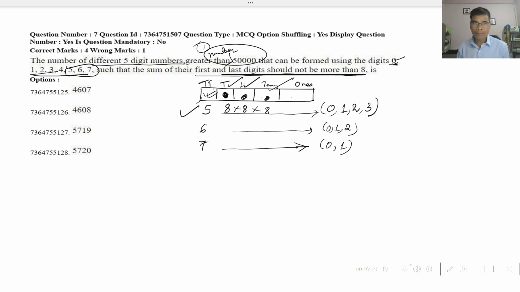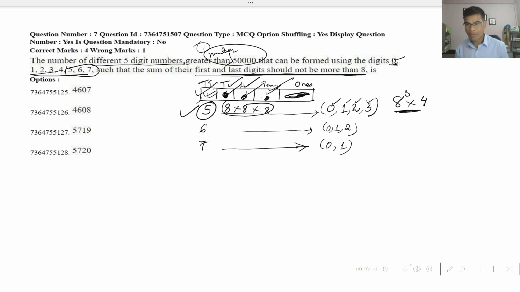So the number of 5 digit numbers with 5 as the first digit is the number of ways you can select these positions, that is 8 cubed, 8 into 8 into 8. Then for the last digit, the unit digit, in how many ways can you select? You can select 0, 1, 2 or 3, which you can do in 4 ways.